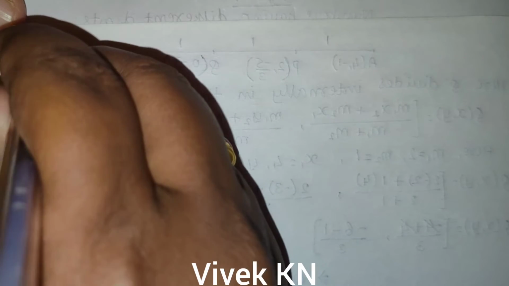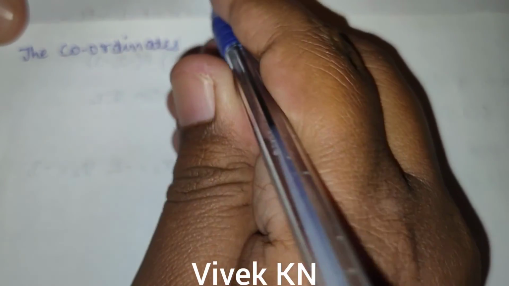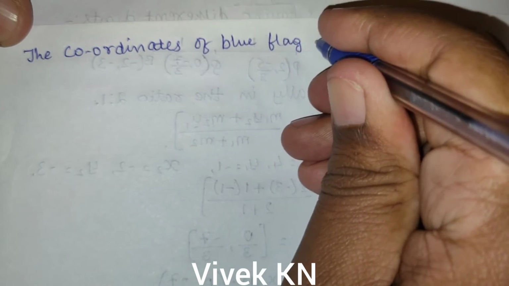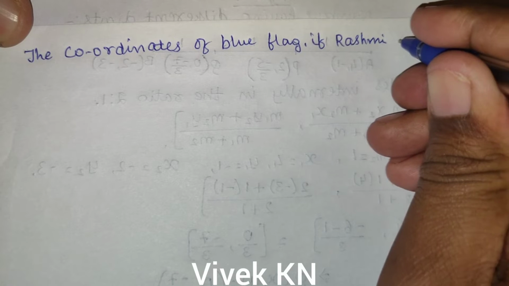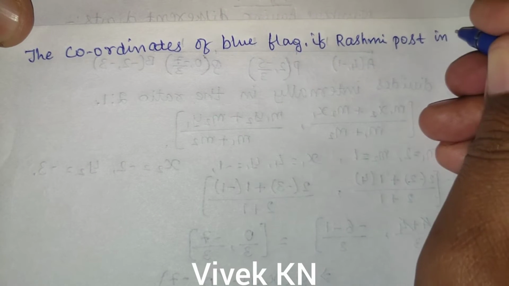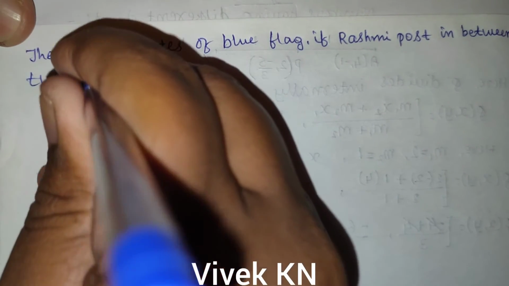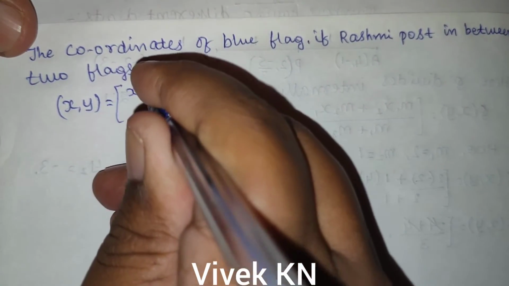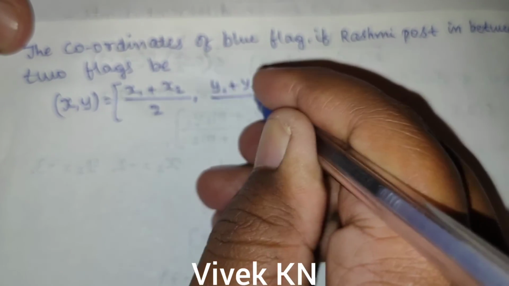The coordinates of the blue flag, if Rashmi has to post in between the two flags, be x, y, and the midpoint formula is given by x1 plus x2 divided by 2, y1 plus y2 divided by 2.